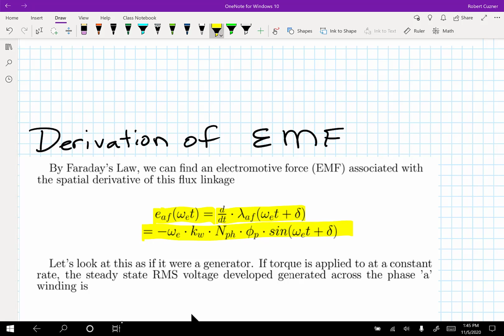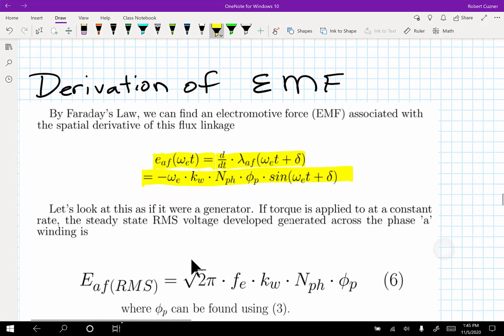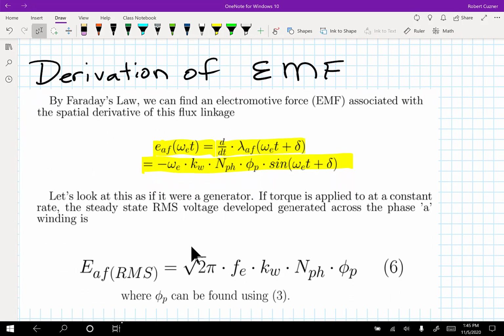It's a periodic scalar expression. Ultimately, we're going to want to use phasors, and we're going to want to use RMS values. So what is the RMS value of that voltage, this EMF, electromagnetic force voltage?